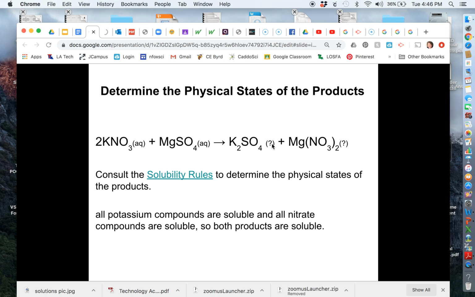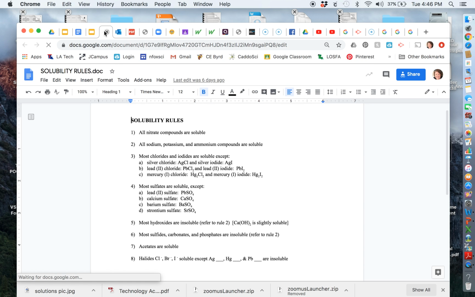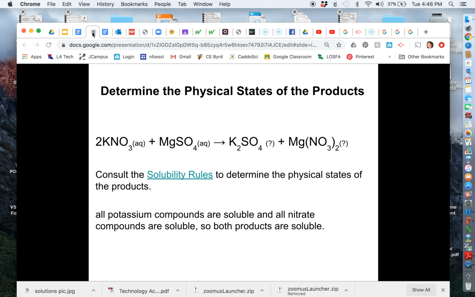To determine the physical states, looking at those solubility rules, all potassium compounds are soluble and all nitrate compounds are soluble. Rule 1, all nitrate compounds are soluble. Rule 2, all sodium and potassium compounds are soluble. That's important.